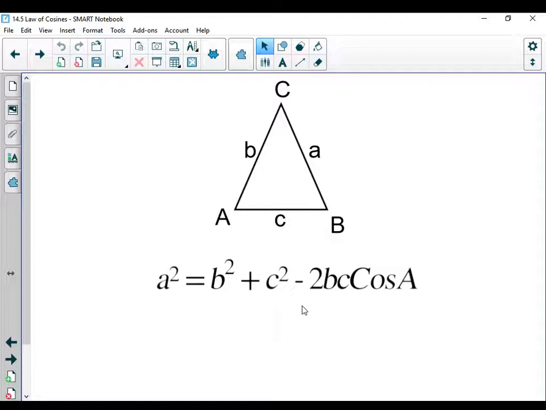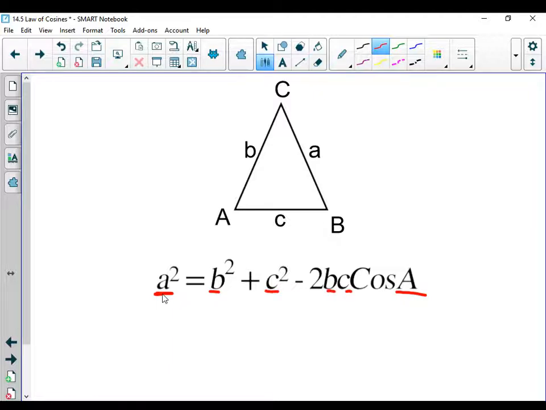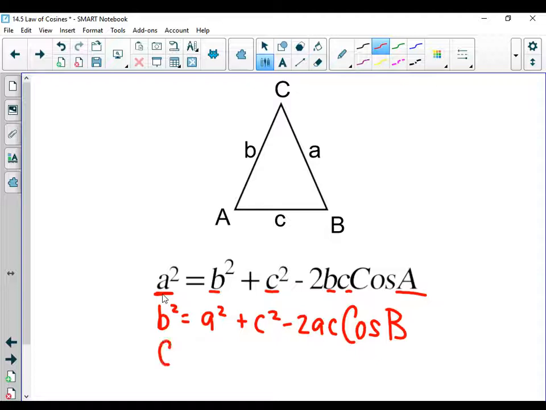This formula can be used in different ways. If we have A squared over here, notice how we have the angle A, and then we have B and C. So if I want to make this B squared, that means the other two sides that are not being used are A and C, and then I would do cosine of angle B. Same thing if I did C squared.